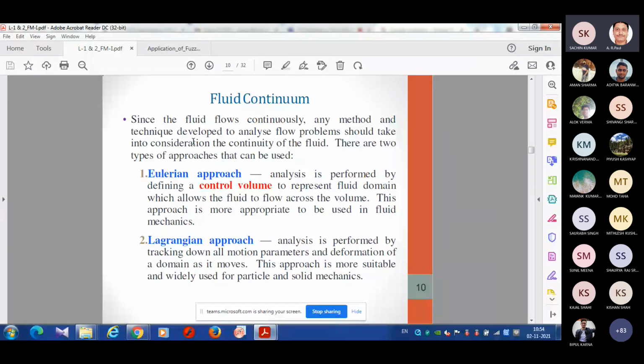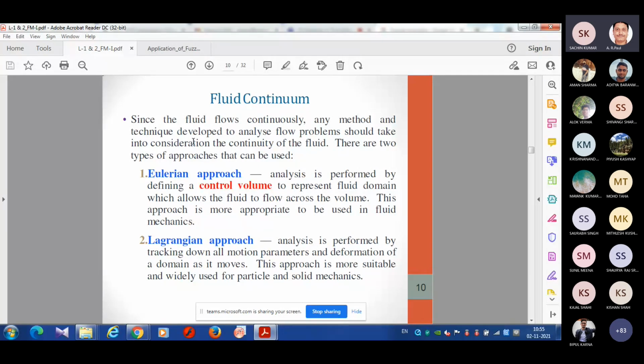Two approaches are followed when you study the fluid motion. One is the Eulerian approach. Please see the spelling and pronunciation. It is the Eulerian approach, the concept given by Leonhard Euler. In case of Eulerian approach, we consider bulk movement of fluid.